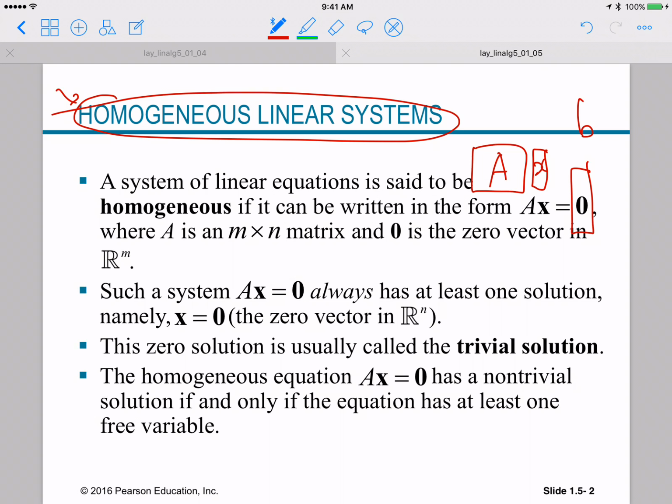Okay, so let me just give an example of a homogeneous linear system. So this was our coefficient matrix. Then this is our augmented matrix. Okay, and then how can we change the value of 100?